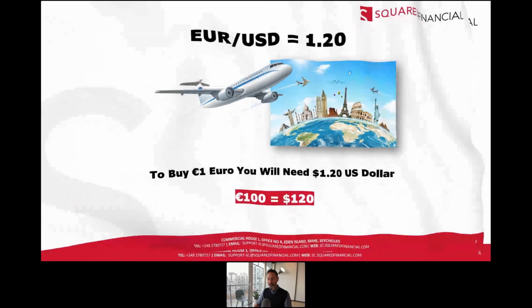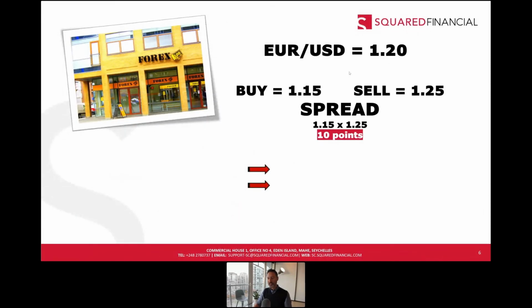Okay, so you go to that exchange office. The exchange office tells you the buy is 1.15 and the sell is 1.25. What is that? That is called the spread. The exchange office wants to make money. So even though the market rate is 1.20, they will sell you at 1.25 and they will buy back from you at 1.15.